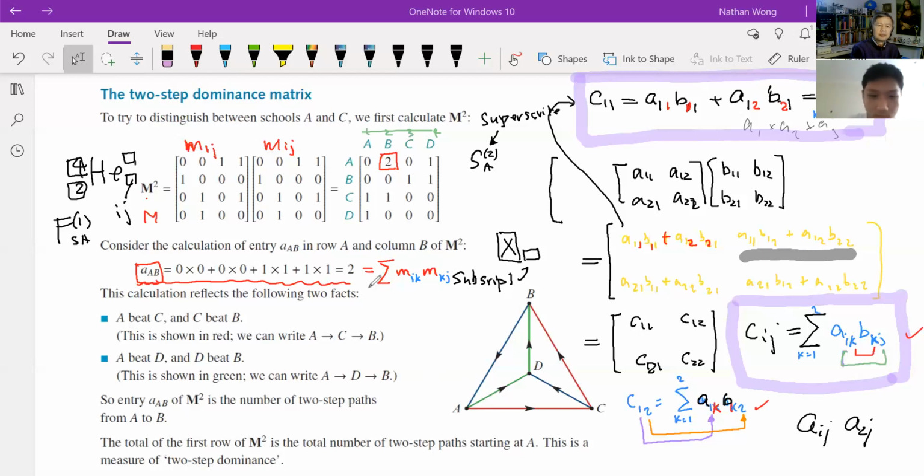I'm a bit confused. So is it like this, equal to one of these boxes? Yeah, one of these boxes, yes. They are identical.